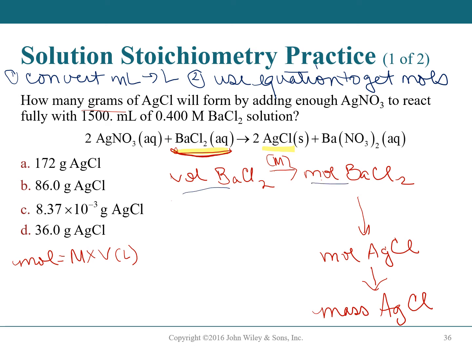Then I need my mole to mole ratio, given here, and then my molar mass. So now the molar mass of silver chloride, and then I'll erase it after I write down my third step so we can have some space here. Silver is 107.87.